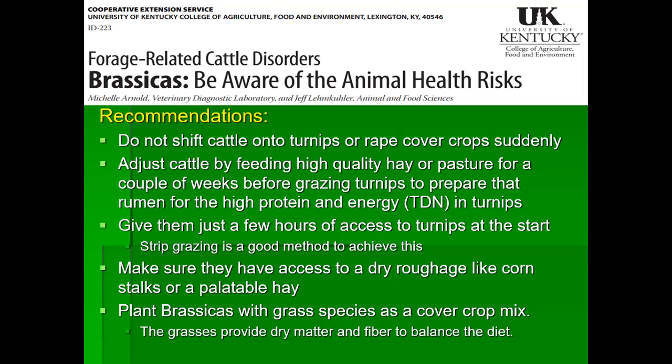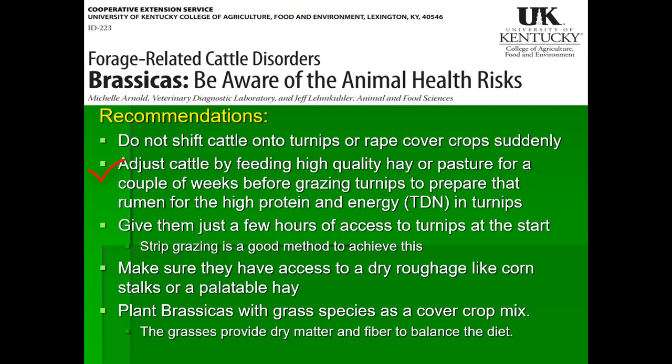So that's why I brought here this newsletter from the University of Kentucky. They provide some recommendations for the safe use of brassica species as cover crops. The first one is not to shift cattle onto turnips suddenly. Another one is to adjust cattle by feeding high quality hay or pasture for a couple of weeks before grazing turnips.